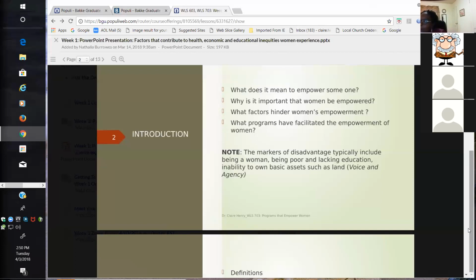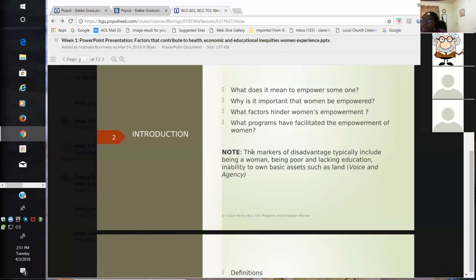But yes, gender bias. Good. Any other you'd like to identify? What about social factors and political factors? As we shall see from the literature as we go along, there are many factors that can be identified, which we will do.